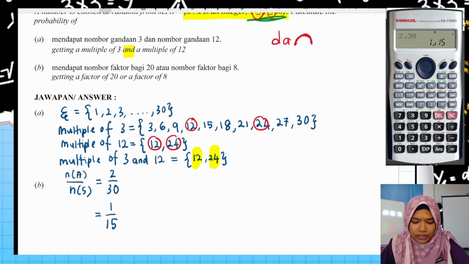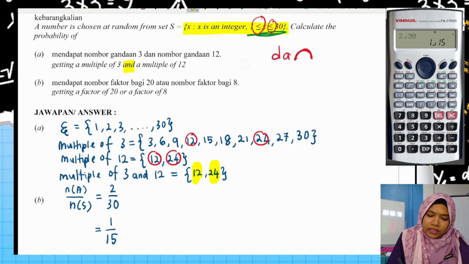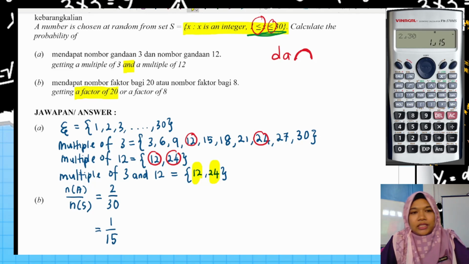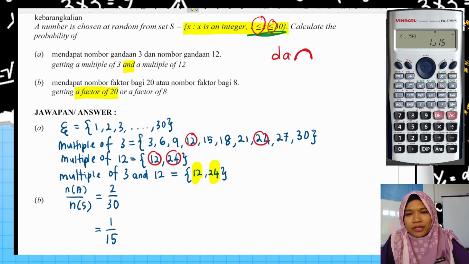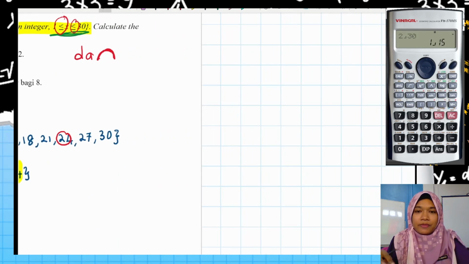Okay, next question. Calculate the probability of getting factor of 20. What is factor of 20? So, you list out. Okay, cikgu tulis sebelah sini, tapi biasakan supaya you write in the answer space.